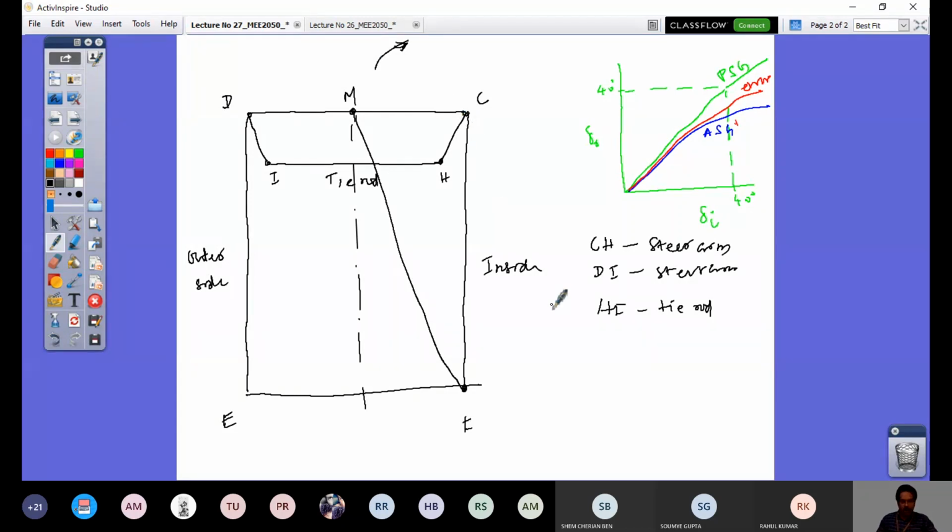Let me draw my steering geometry change graphically. Say I give this 30 degrees now; this is the orientation of my steer arm CH. Correspondingly, what is the change here? This will also go in a circular arc.